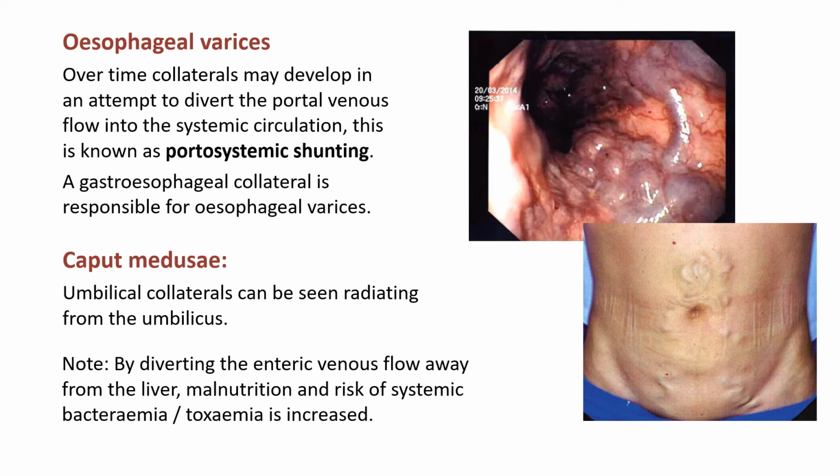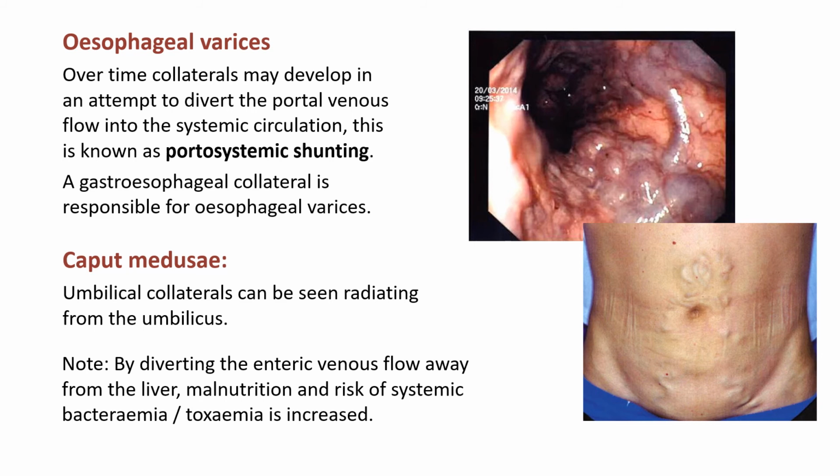And as we said, by diverting the enteric venous flow away from the liver, it's going to contribute to malabsorption and malnutrition. It's also going to mean that we've taken that secondary filter out of the blood coming from the GI tract.